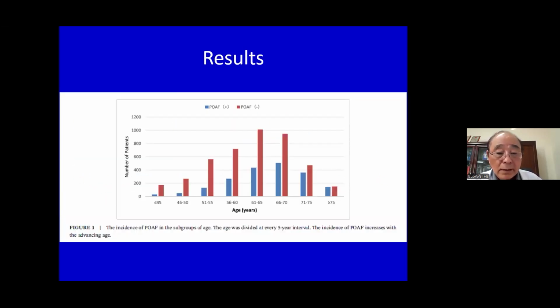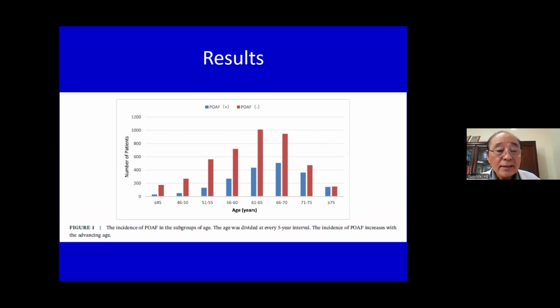Oh, here. This is the picture. We show you the figure for age. You can see at a higher age, more than 75 years old, the incidence is nearly 50% for postoperative atrial fibrillation. But in young patients, less than 45, the incidence is very low.